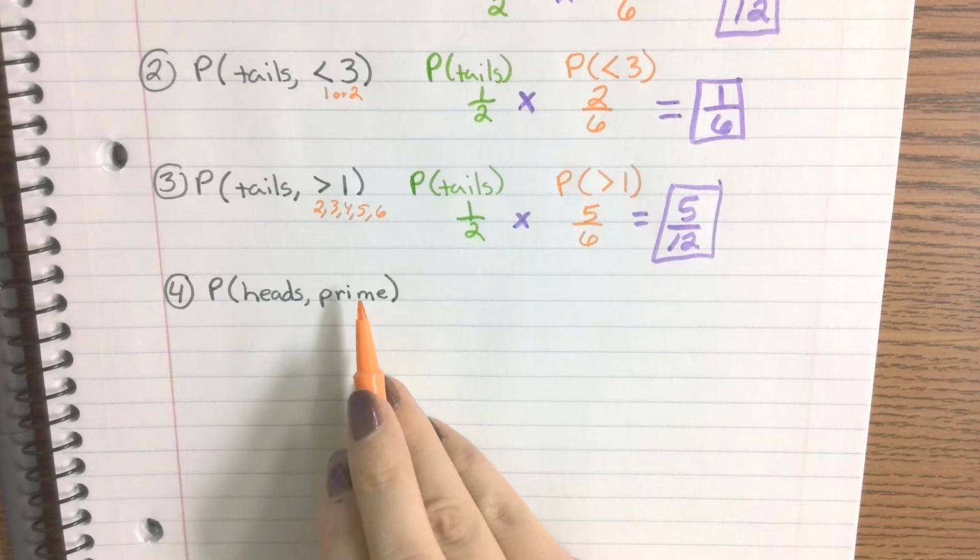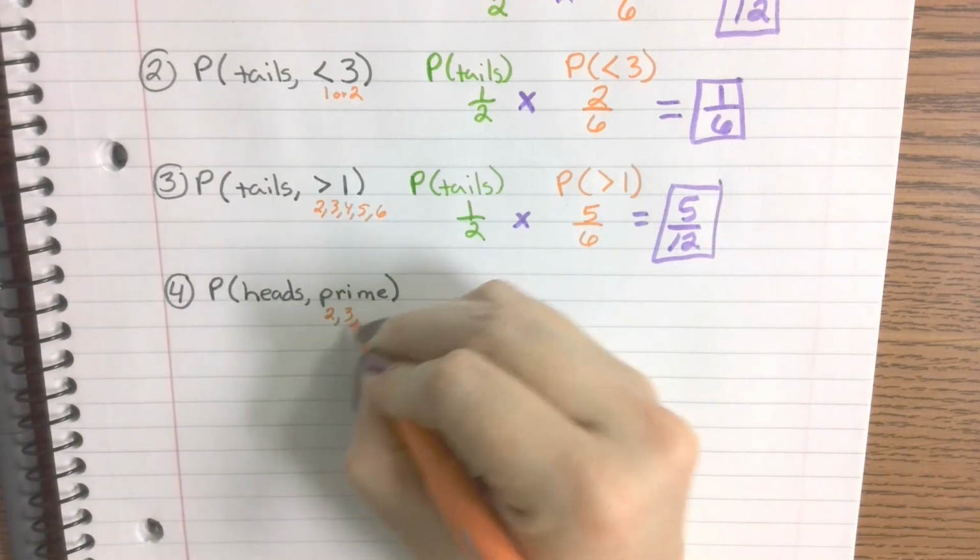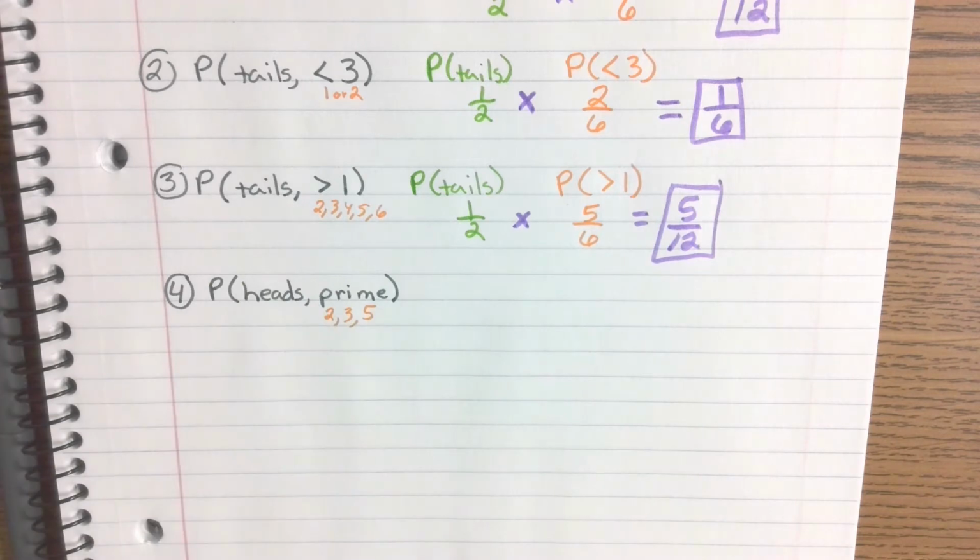That would be the numbers 2, 3, and 5. 1 is not a prime number because the only factor that 1 has is 1 itself, so it does not have 2 factors. Prime means it has exactly 2 factors only.